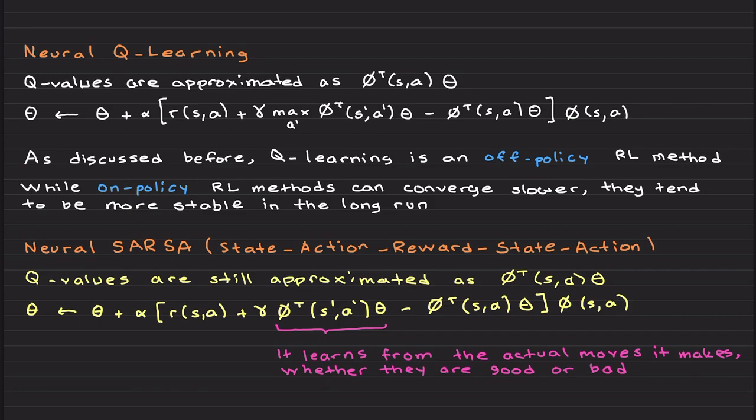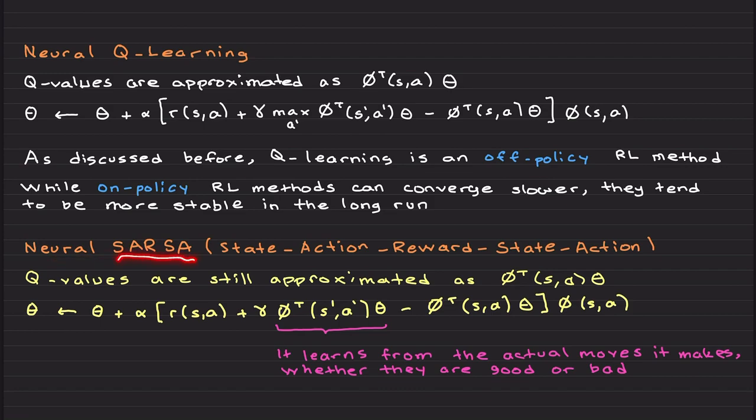You can also use an on-policy reinforcement learning method like SARSA. So the purpose of this video is twofold. First, I would like to present the algorithmic structure of the neural learning algorithm, and then, as a popular on-policy method, I'm going to show you neural SARSA.